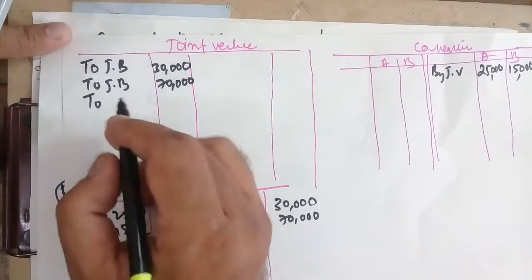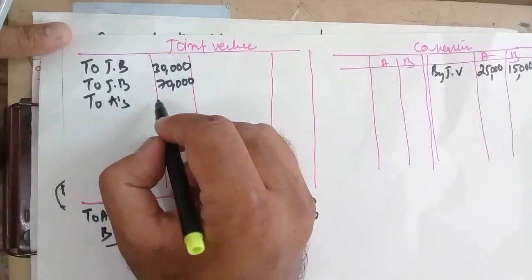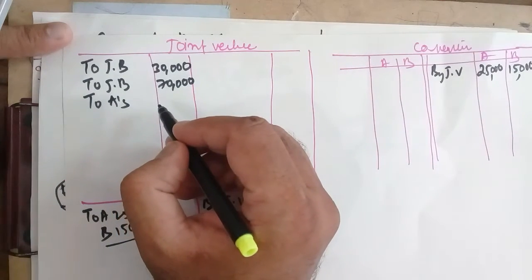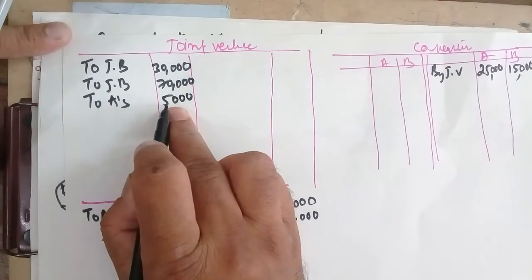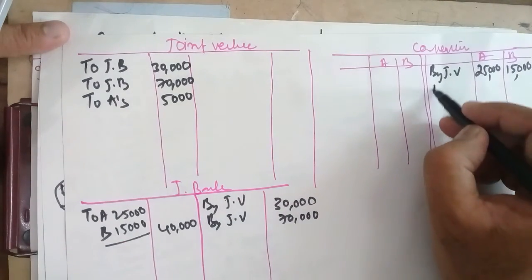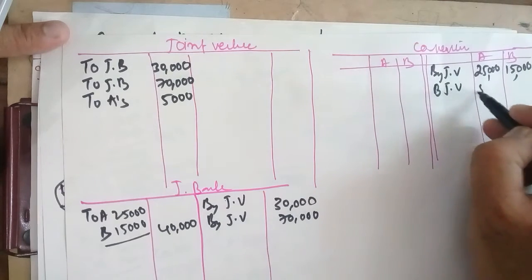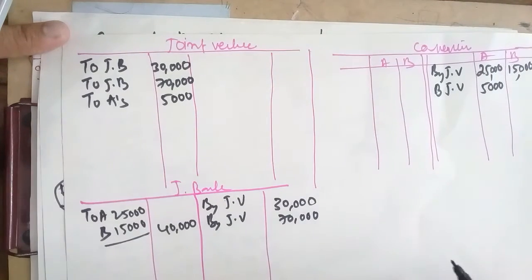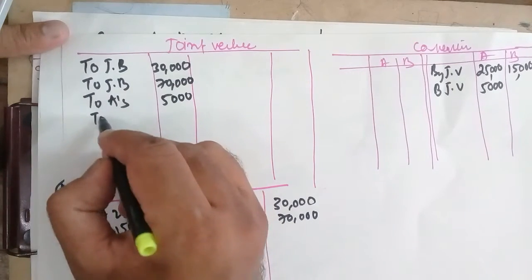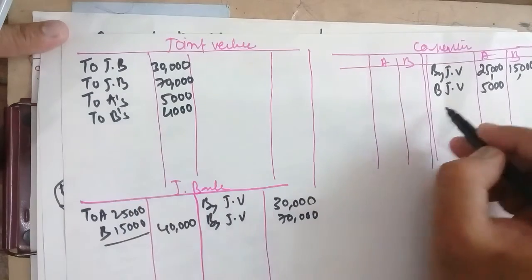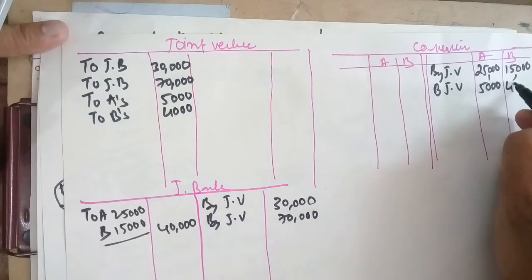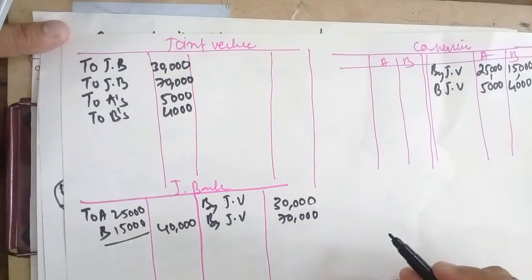It should be debited to the joint venture and credited to A's account, 5,000. In A's account, by joint venture 5,000. This is the way you need to write. And material supplied by B, 4,000, to B's account. In B's account, by joint venture 4,000, right?